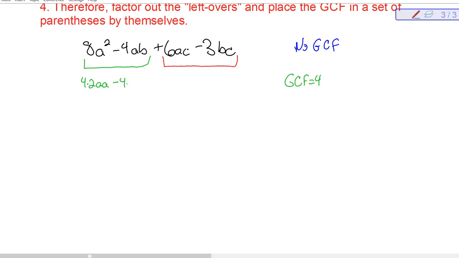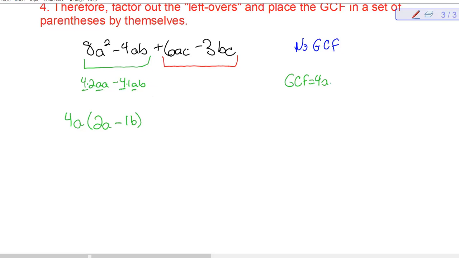This is going to be 4 times 1, an a and a b. And if I notice, I've got an a in both of them. So my greatest common factor is 4a. So that means I'm going to take the 4 and an a out of each one, which will leave me with a 2a minus 1b. Those are my leftovers here.